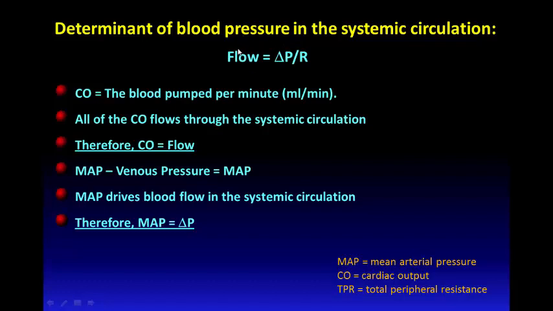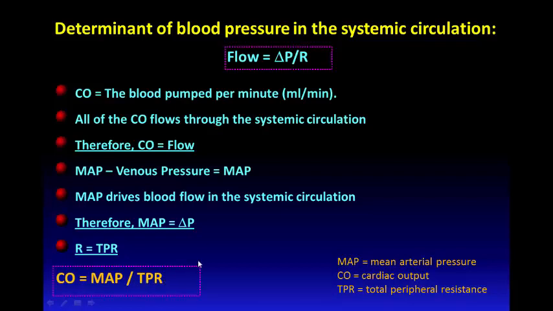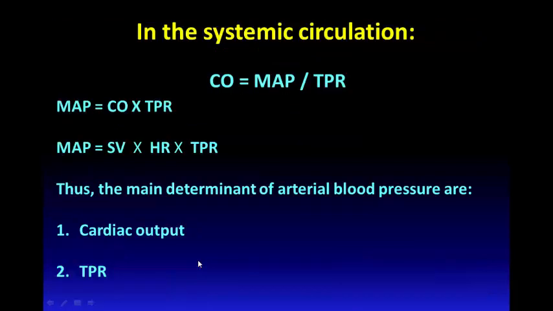So instead of the flow, we can put cardiac output, and instead of the delta P, we can put mean arterial pressure. R is the total peripheral resistance. Thus, flow, which is the cardiac output, is equivalent to the mean arterial blood pressure, delta P, divided by the total peripheral resistance. Thus, again, here we have the same equation.